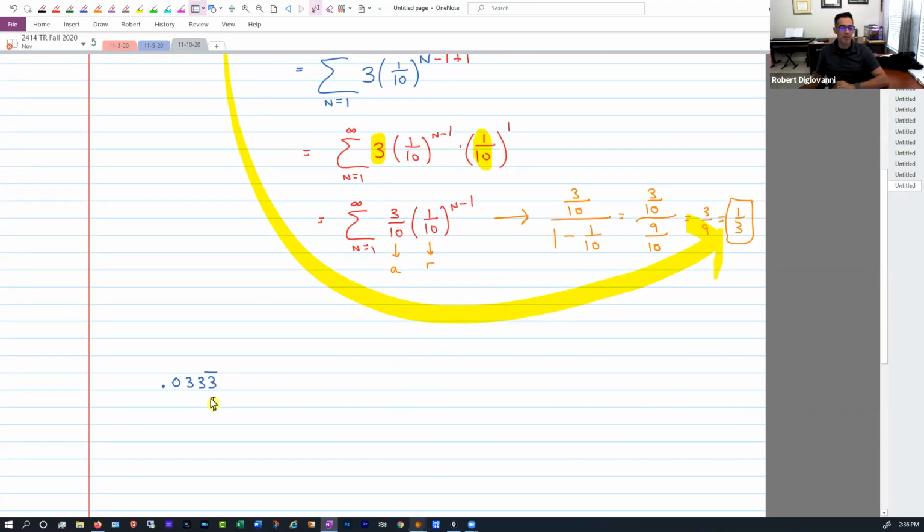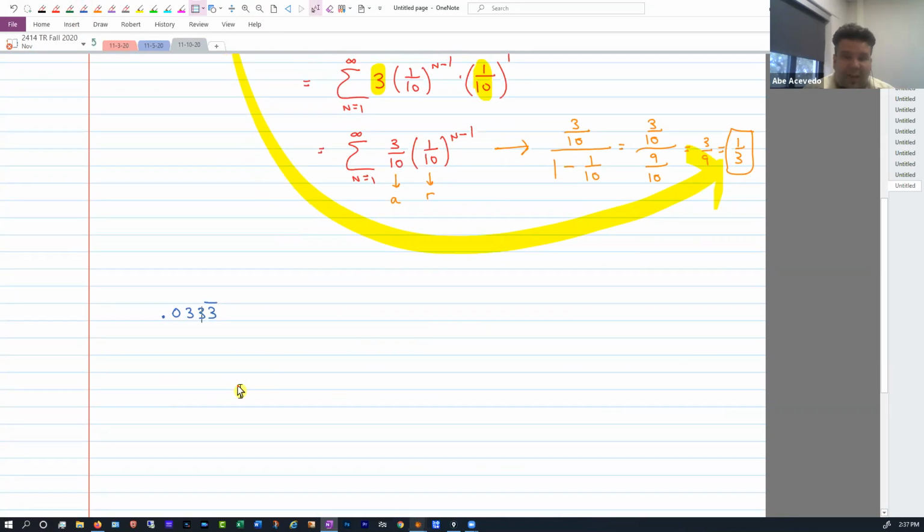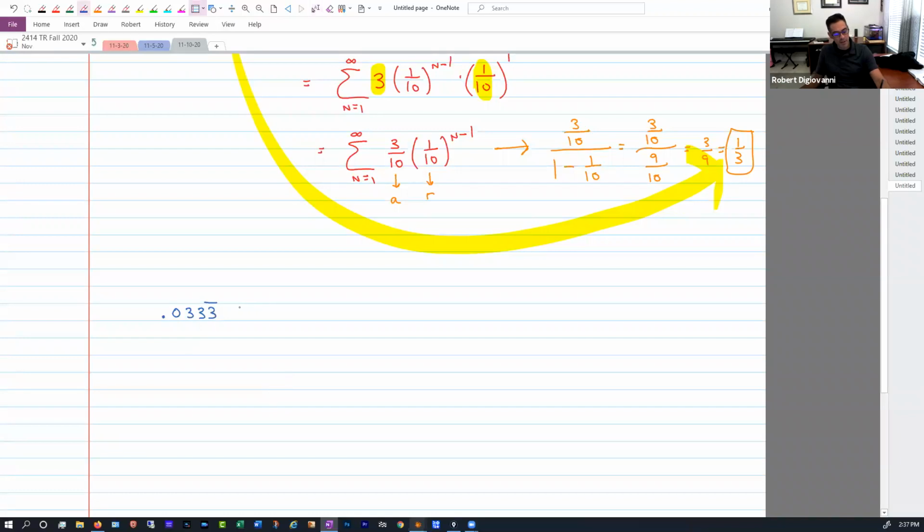Not 0.333 repeating, but 0.0333 repeating. We have to figure it out. Let's see what this decimal represents. Notice we have a 0 here now, right?